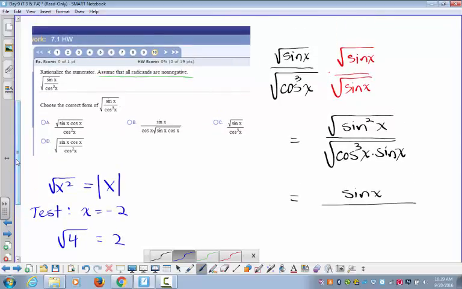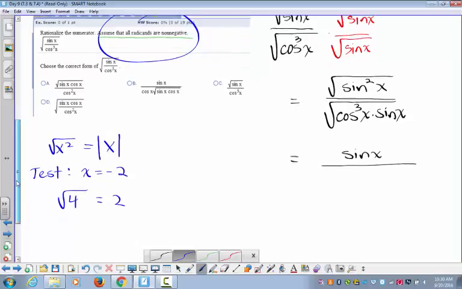In college algebra, there's always these little things. Oh, x is never negative, never negative, never negative. So you just have to be careful. We're not always going to be dealing with that situation from here on out. So the square root of x squared is absolute x, not just x. So here, the square root of sine squared is just sine, but it's because we have that assumption up there that we're dealing with a non-negative radicand.